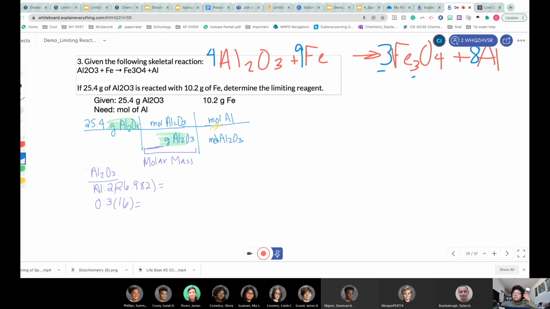We've got to do the step-by-step multiplication. 16 times 3 is going to give me 39, I believe. 16 times 3 is 48, Miss Stanley. All right. And then we have 2 times 26.982, which is 53.964. We add those together: 101.964. Please check Miss Stanley's work because she's not with it today.